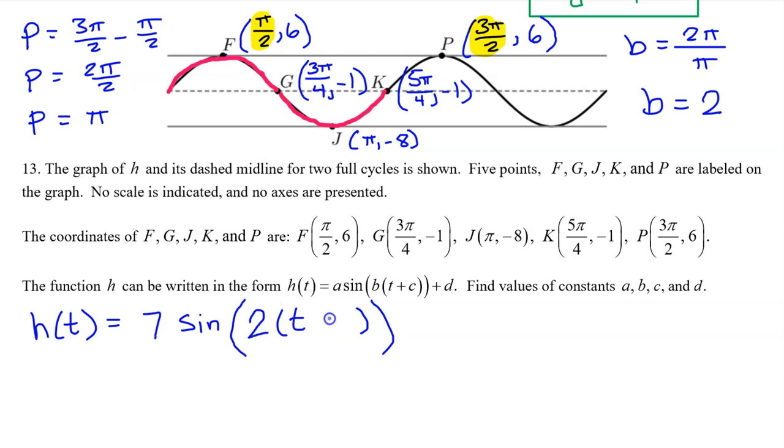The C value is the opposite of the phase shift. And the phase shift is going to be the first input value of the period that we're using to build the function. So what is this input value? I'm going to think of all of my input values as having a denominator of 4 so I can compare them easily. I already have the 5 pi over 4 and the 3 pi over 4.